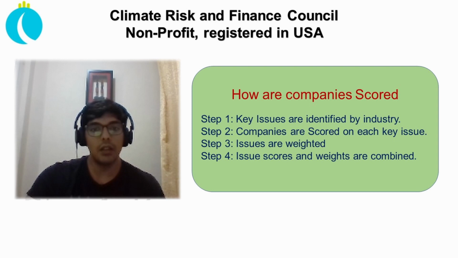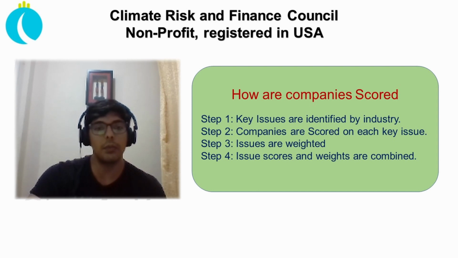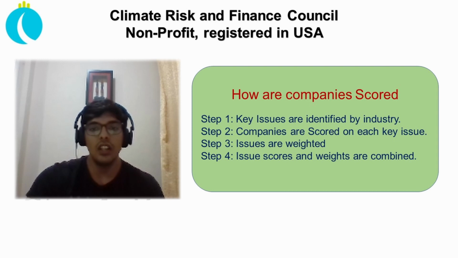The second step is to score the company on each issue. There are 80 different exposure metrics and 250 different governance metrics. The governance metrics are relevant to all the companies, whereas the 80 different exposure metrics are different for different industries.